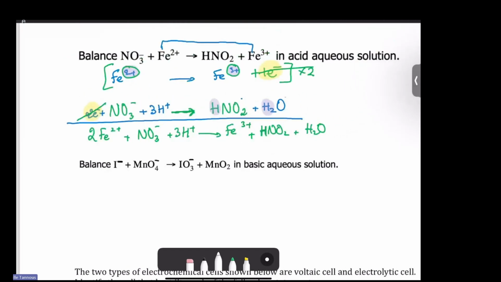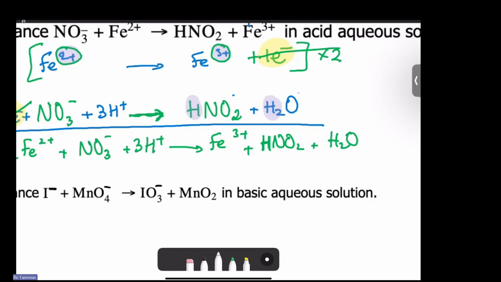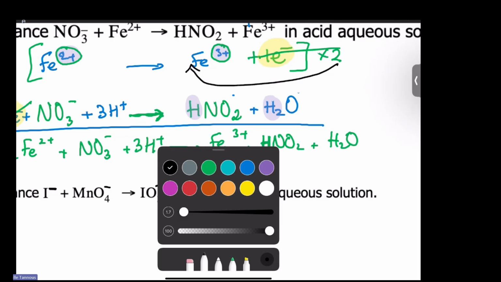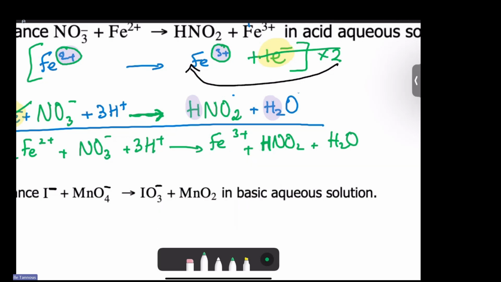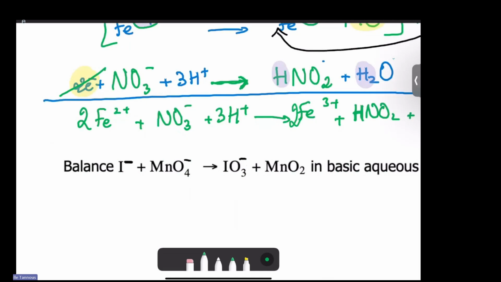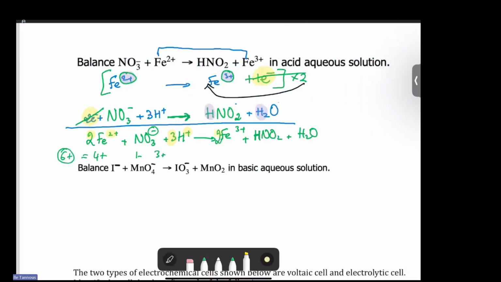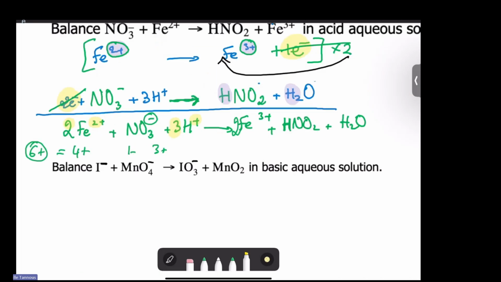Oh, yes, yes. 2. Correct. You are right. So let me go back to the green. If I count the charges here, I'll find 2 times 2, that's a 4 plus. That's a 1 minus. And that's a 3 plus. So the total is 6 plus on this side. And here, 6 plus. Like that, you can double check if you did it right or wrong.